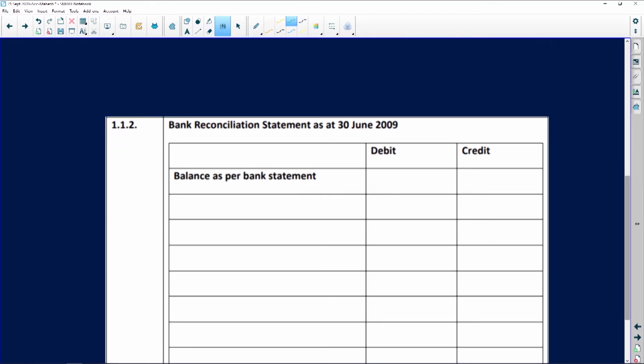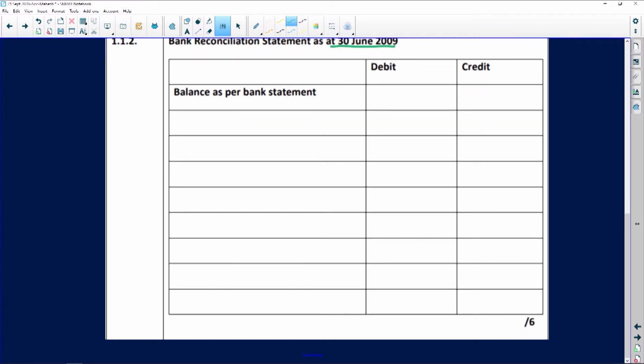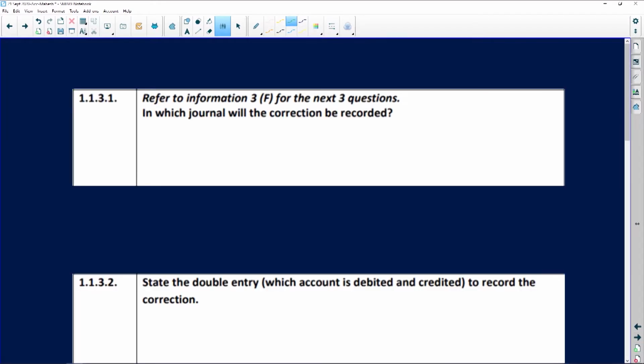They want us also to prepare the bank reconciliation statement as at 30th of June 2009. As you can see, this is for 6 marks. And then there's a bit of theory questions on the actual information itself.